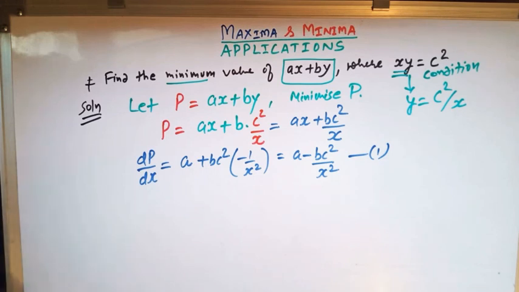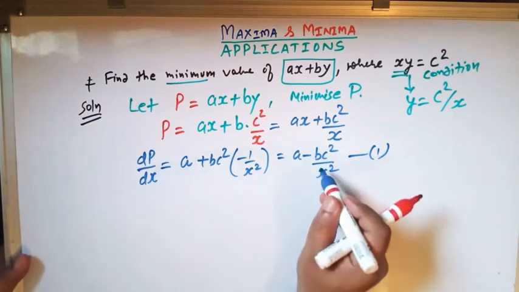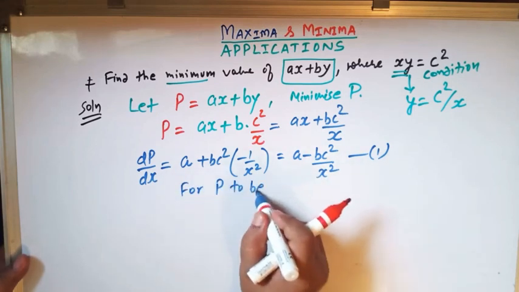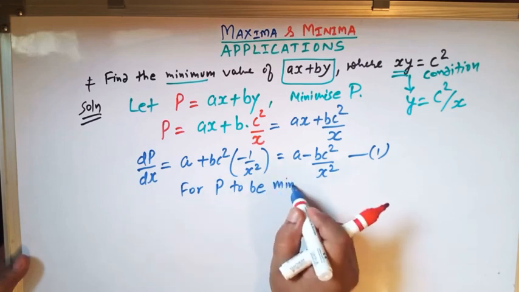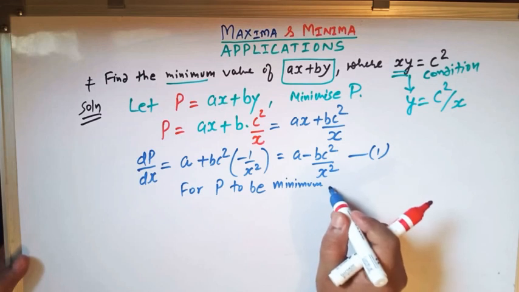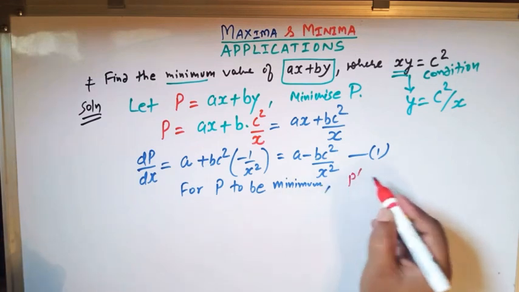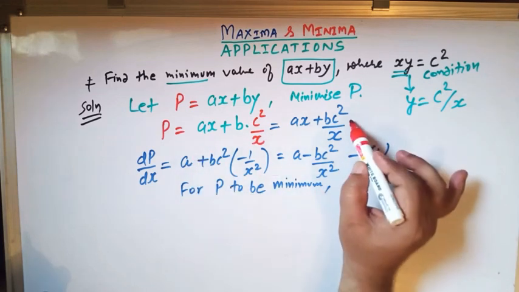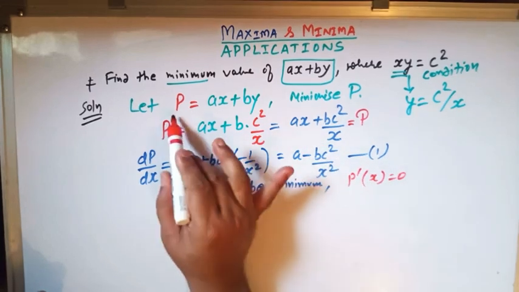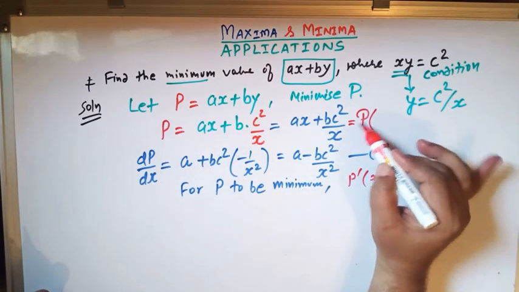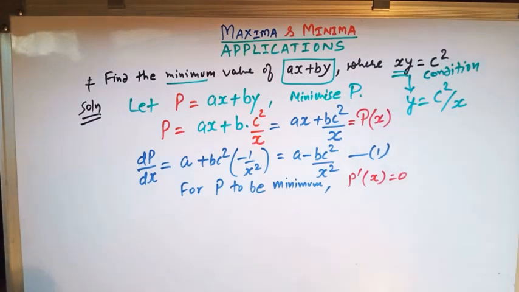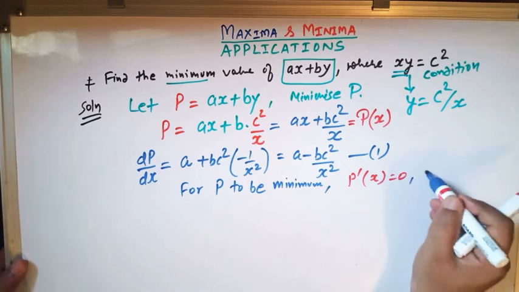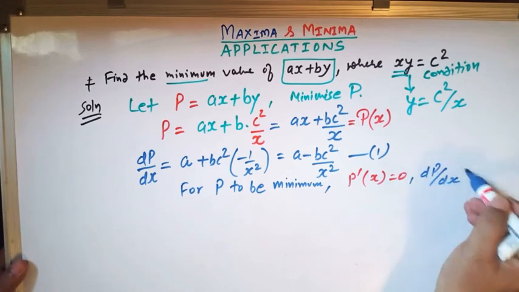Clear? Now for critical points, or for P to be minimum, we must have P prime of x equal to 0. Here also we can see that this expression P is expressed as a function of x. So the derivative of P with respect to x must be 0, or dP over dx is equal to 0.